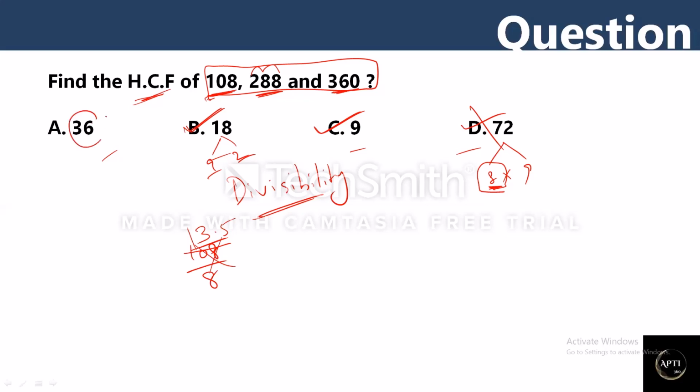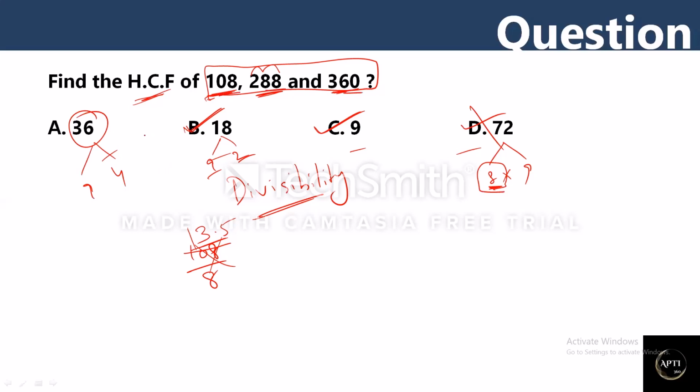What is option A? 36. Now we need to cross check with 36. How can I check with 36? 9 4 times, so we need to check with 9 and 4. If you check the last two digits, 88 and 60 are divisible by 4, and all are divisible by 9.